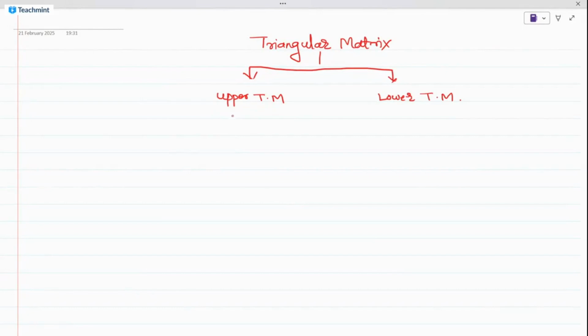Then, how to define the upper triangular matrix?